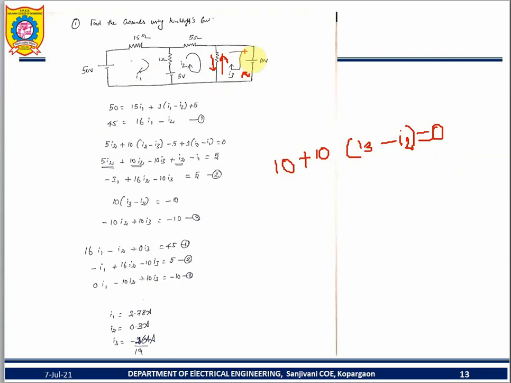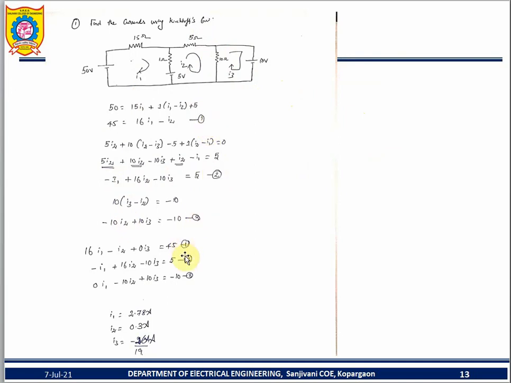Look, I started from the loop here. From here, I'm plus 10 and resistance. If I were going in the opposite direction, you would write 10 is equal to. But I am going to start in the same direction. So I will write equation number 3, and 1, 2, 3.